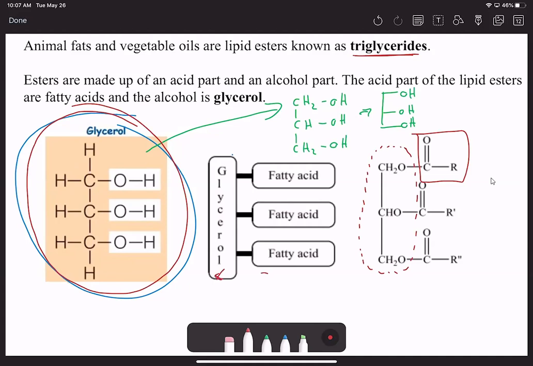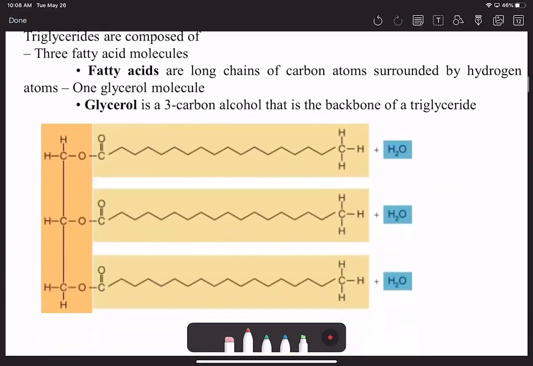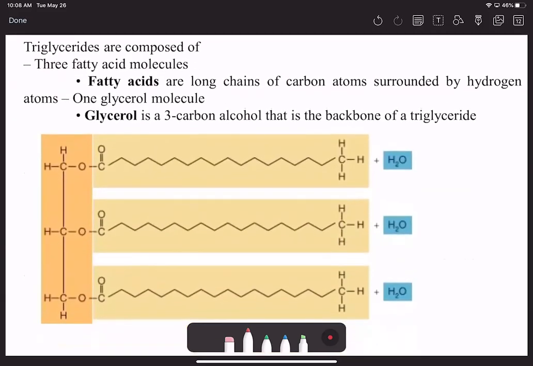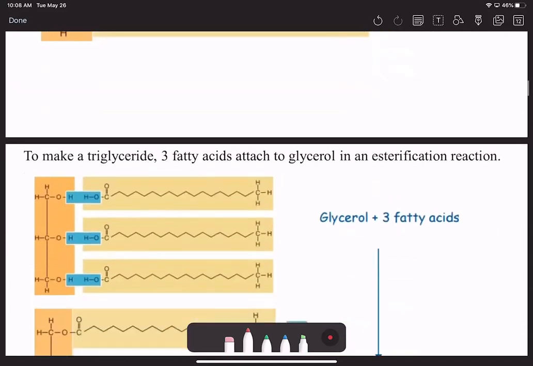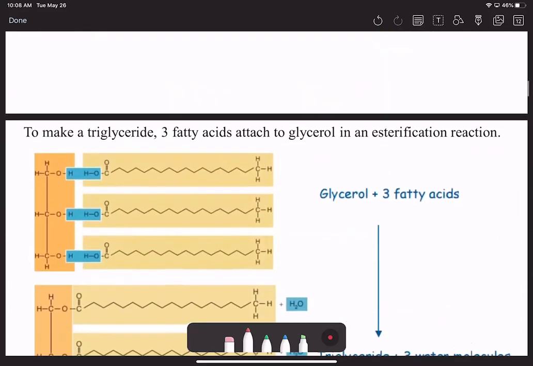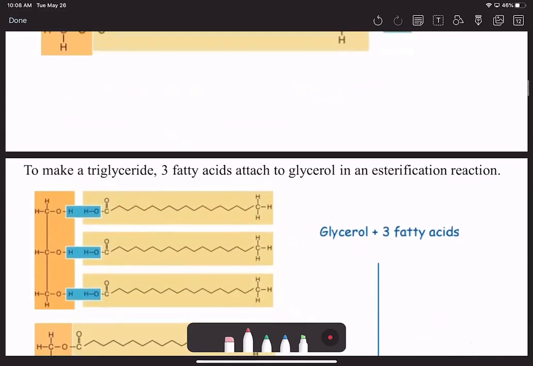So it's glycerol plus some fatty acid, and that's what we're going to consider a triglyceride. We've seen this reaction before. This reaction is not a new reaction. Triglycerides are made of 3 ester bonds.